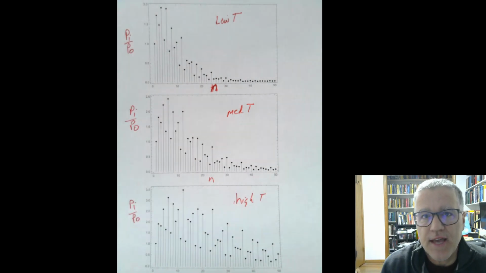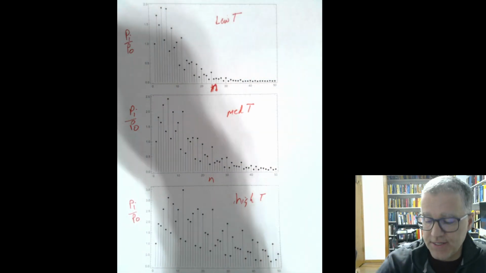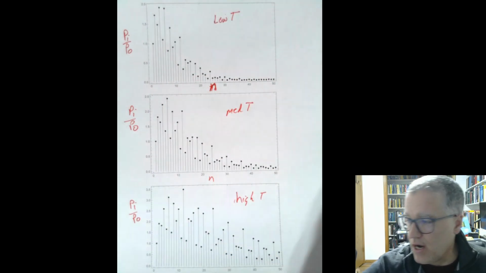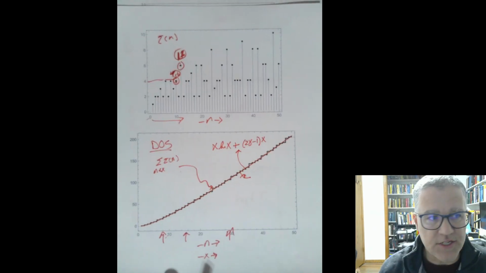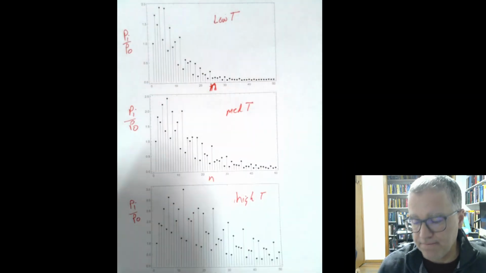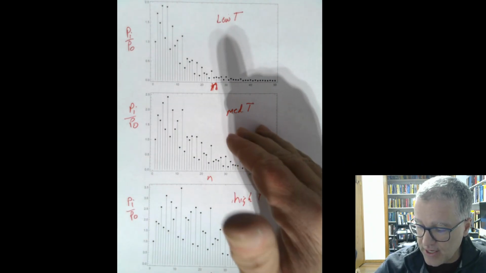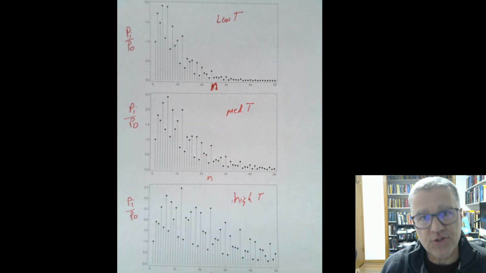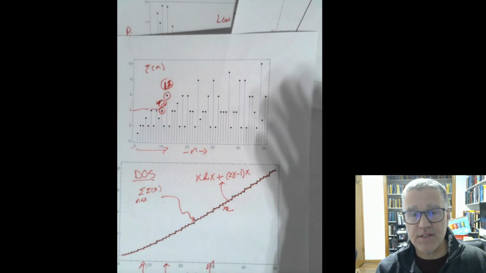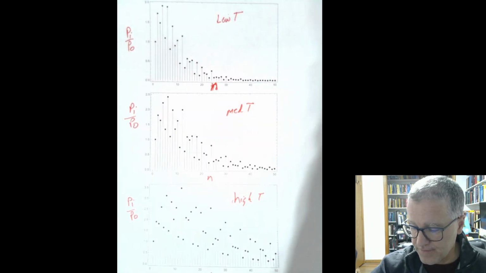So the high energy states are more penalized at low temperatures. So we see a decay here superimposed on the degeneracies themselves. So on the tau gets superimposed this exponential decay. And we likewise see that, but less so here at medium temperature and even less so at higher temperature. So the higher the temperature goes, the closer we get to just the tau graph. And in the limit of infinite temperature, we would just recover the tau graph.